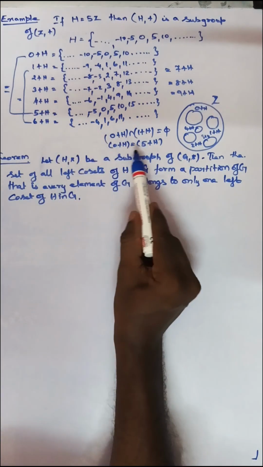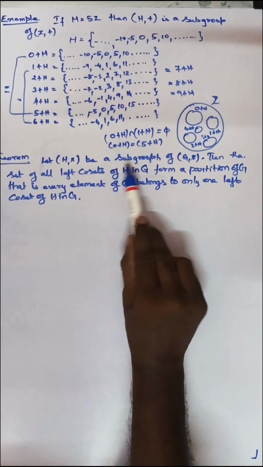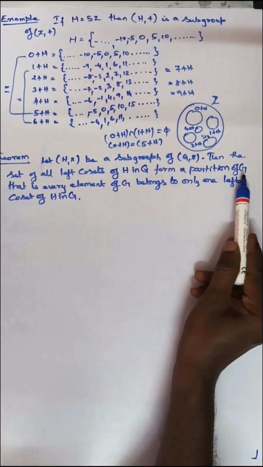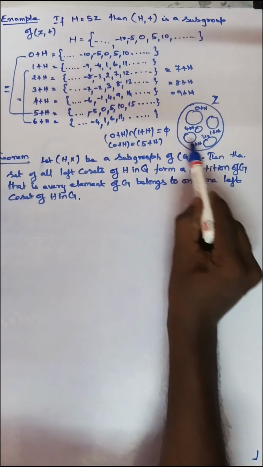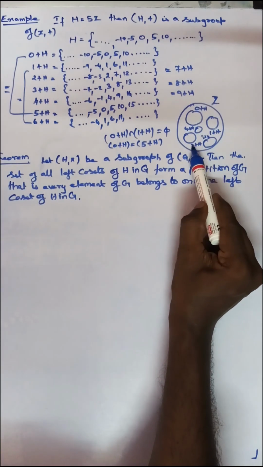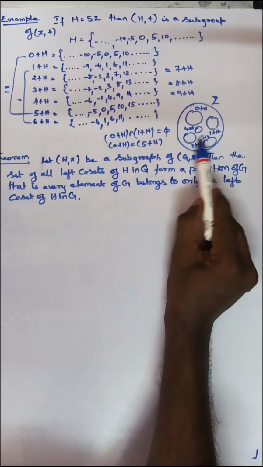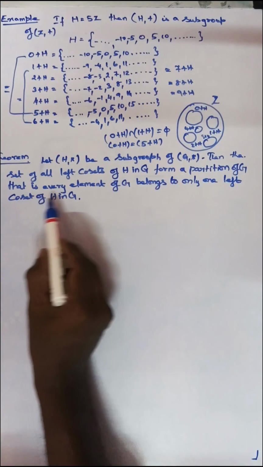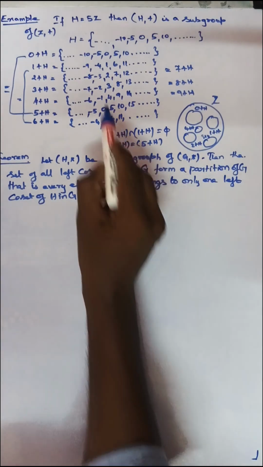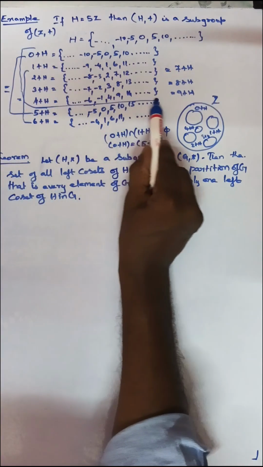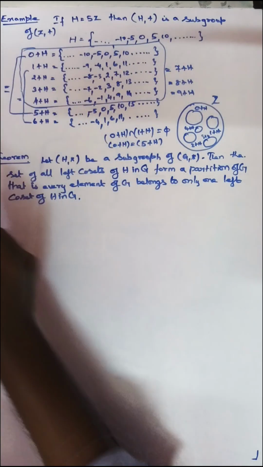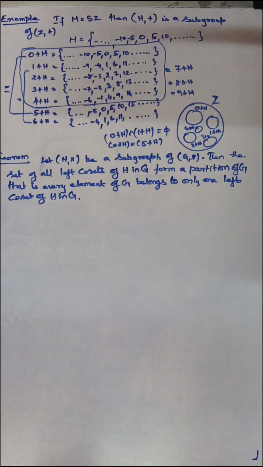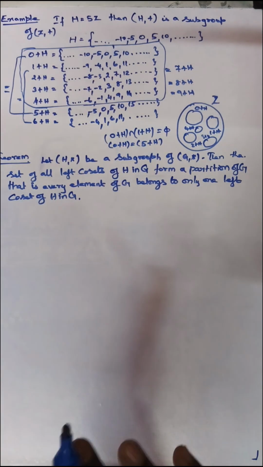In this example, H star is a subgroup of G star, where we have taken Z and H. The set of all left cosets of H in G forms the partition of G. The first five partitions are 0 plus H, 1 plus H, 2 plus H, 3 plus H, and 4 plus H. This will form the partition for Z. Every element of Z belongs to only one left coset.